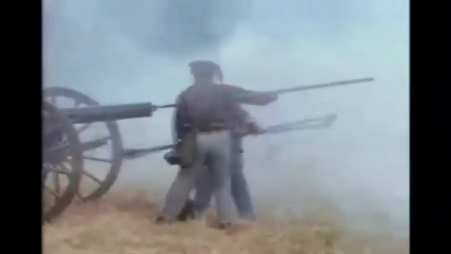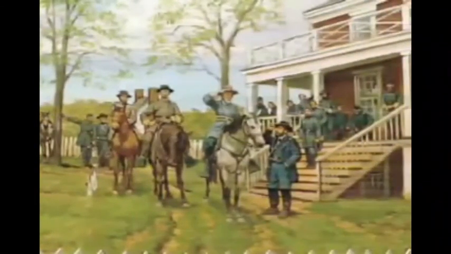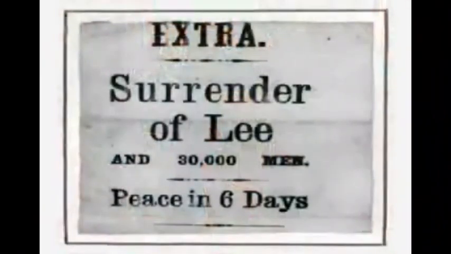Lee and his army were facing defeat. The war ended on April 9, 1865, at Appomattox Courthouse, Virginia, where Lee and Grant met. They shook hands and talked as old friends. Then Lee agreed to Grant's terms of surrender.